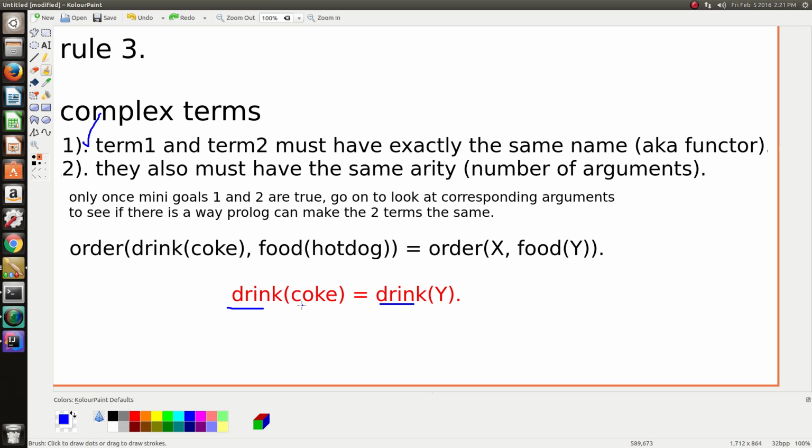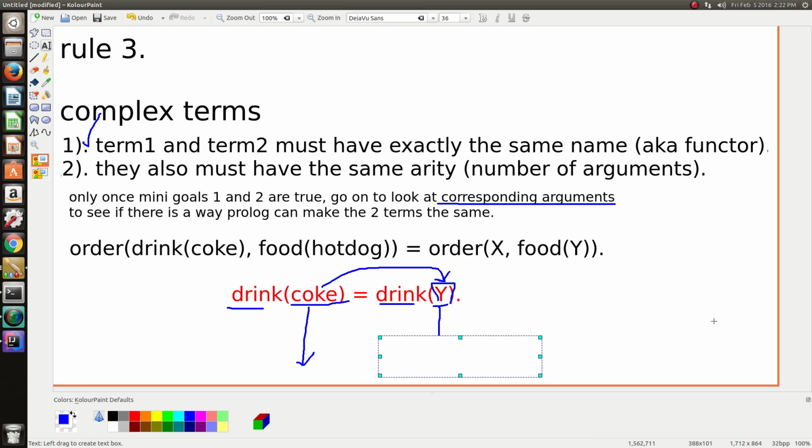Now we go in to evaluate the corresponding arguments. So Coke and Y. Is there a way to unify these two arguments together? Well, this goes back to rule 2 where we're dealing with variables. So Coke is just a term and Y is a variable. So the variable Y can have the value Coke bound to it for the purpose of making them both equal each other.